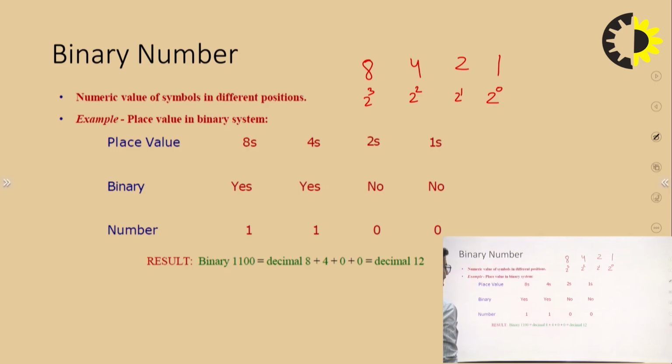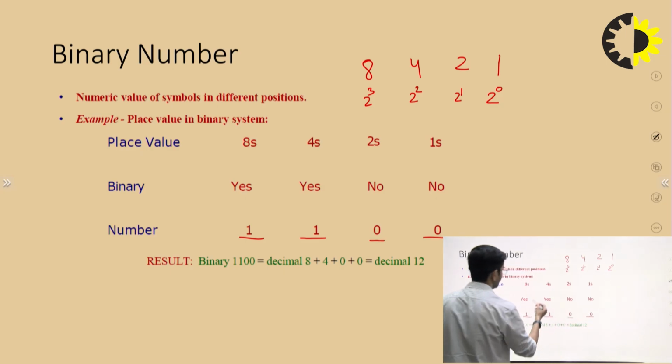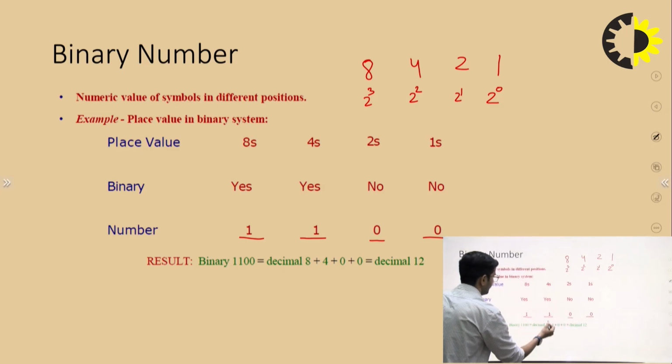So, if for 8 the binary value is 1, for 4 the binary value is 1, and for 2 and 1 the binary value is 0, 0, then if we add 8 plus 4, it will give 12 in decimal.